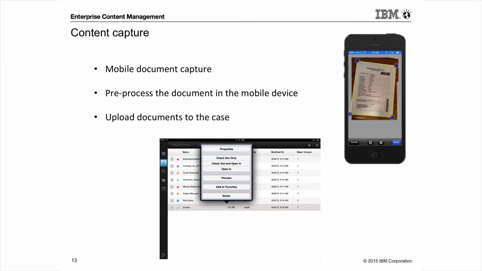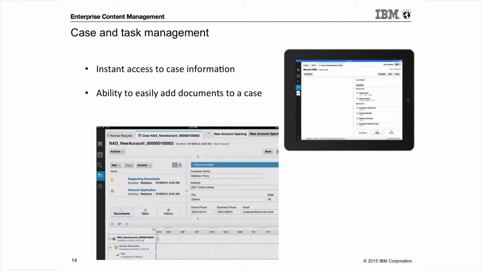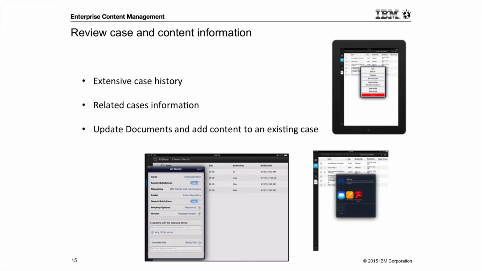On the capture functionality, we keep moving more functionality to the device, and you will be able to compare it with Kofax, same type of things. On the case functionality, we are not going to go into the design of the case, but it is fully functional on the devices, and you can have it on a tablet or on a phone.